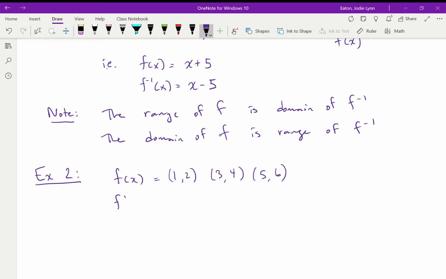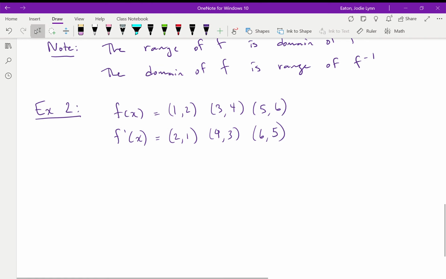So f inverse would simply take the y's and map them back to the x's. So we would have 2 to 1, 4 to 3, and 6 to 5. Sorry, did I write f prime? That really should be an f inverse, shouldn't it? Okay, we'll get to f prime eventually.